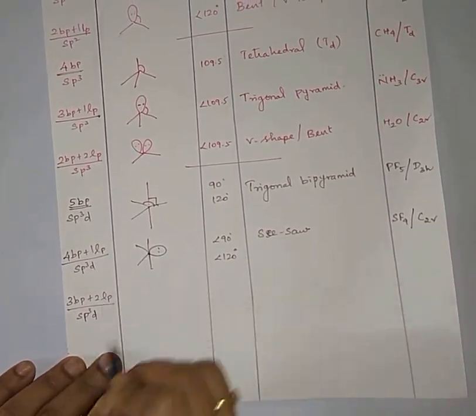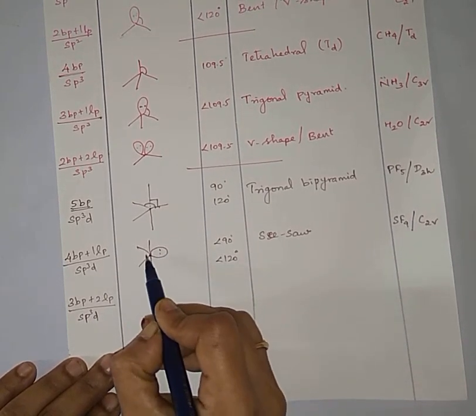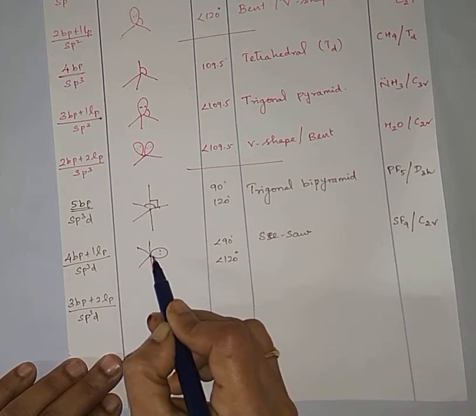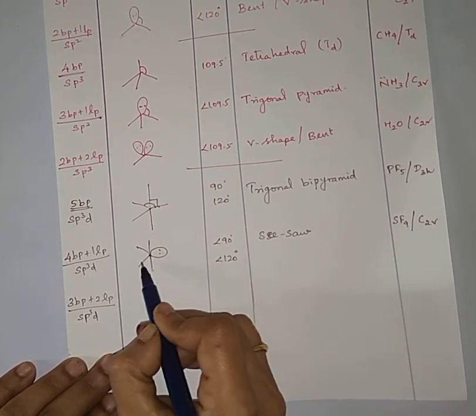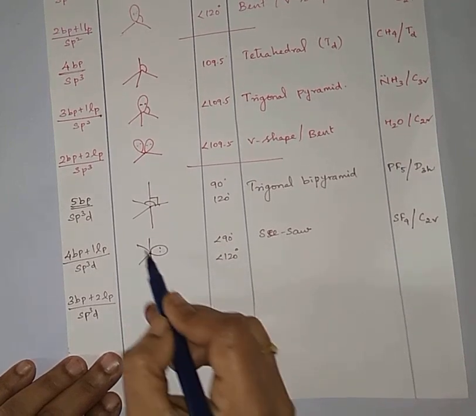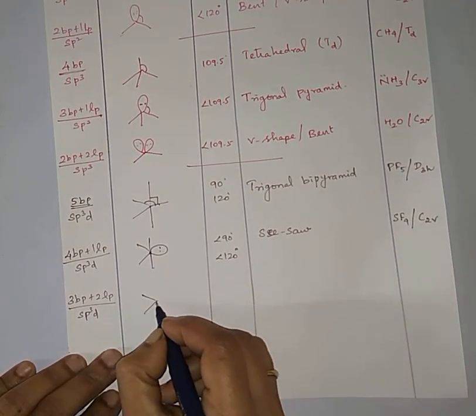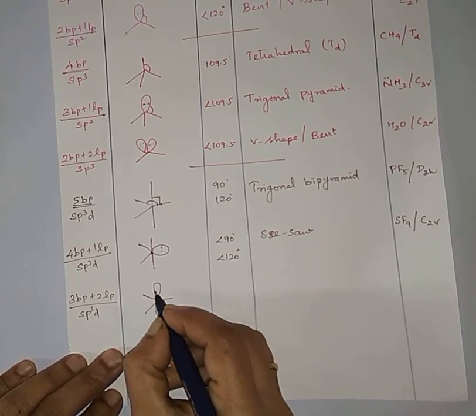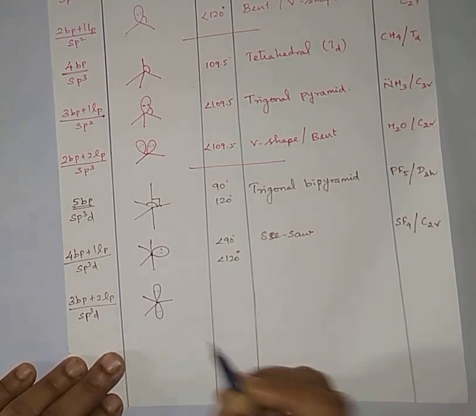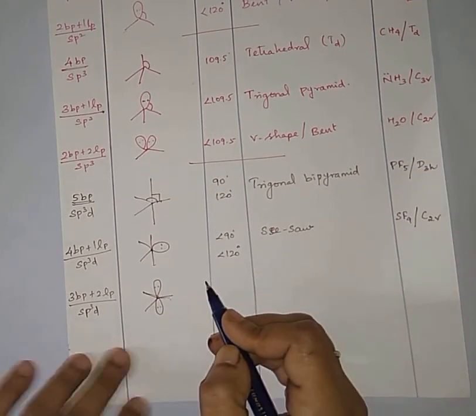The second one, two lone pairs are there. Instead of drawing the lone pairs over here, I'm going to draw them over here. This looks more symmetric compared to this. Why? These two are at the same angle. These two are at the same angle. That's why I'm going to draw the lone pairs over here. So this looks like a T shape.